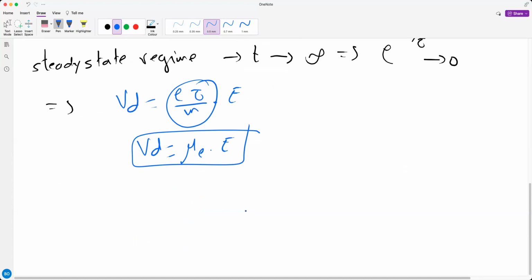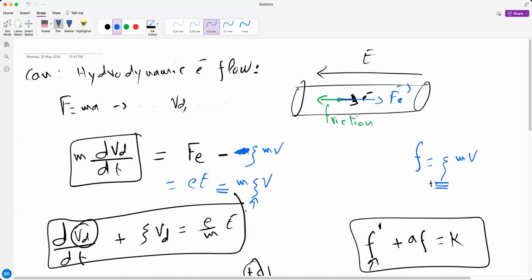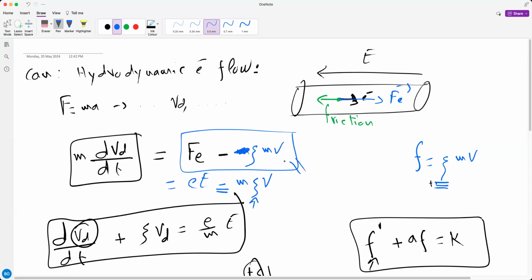Professor, so here we use F equal ma to find what exactly? Yeah, so here we use F equal ma. The difference between the first part and the second part is that here we use F equal ma by including the friction force.